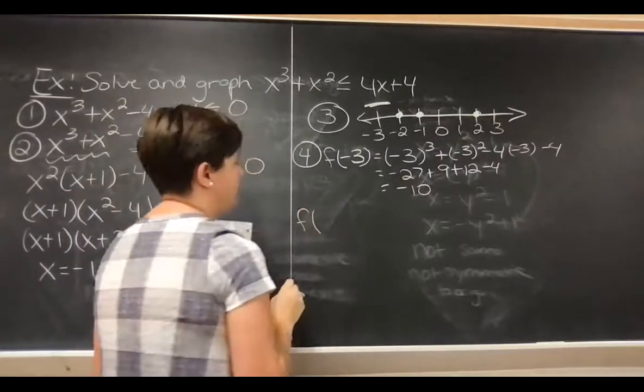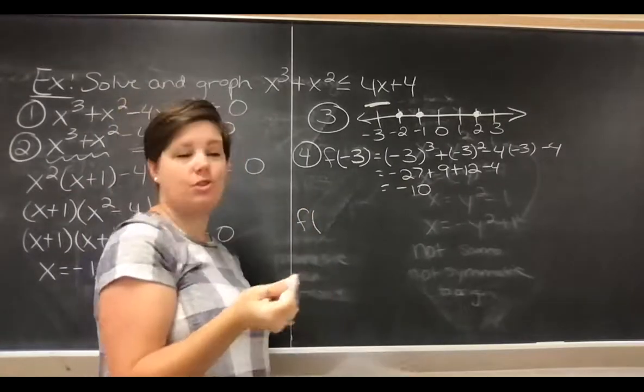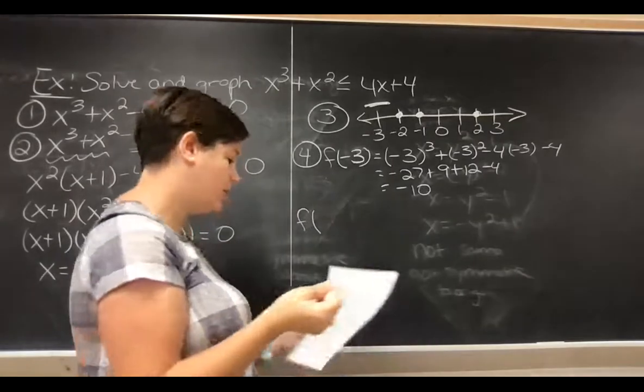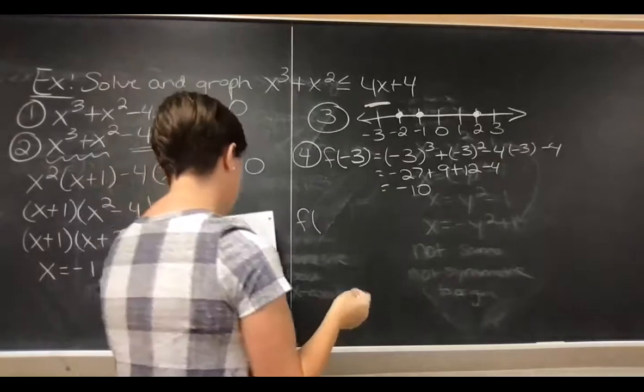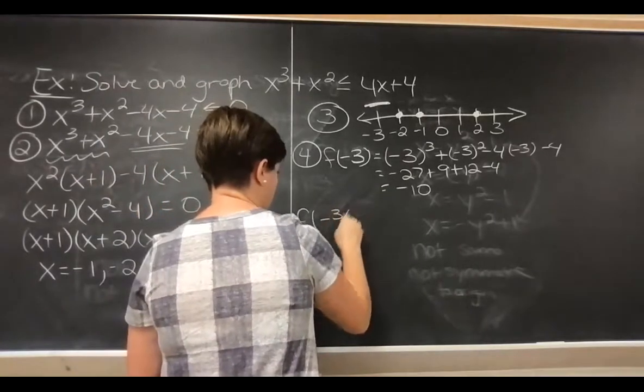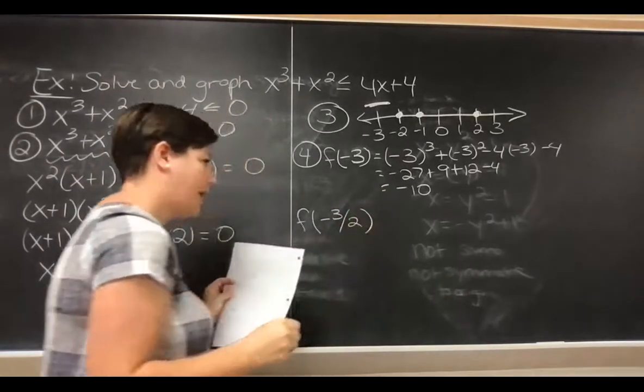The next one's a little bit more fun because our interval is just between -2 and -1. So we're going to have to do a fraction, and that's okay. I'm going to choose -1.5 or -3 halves.